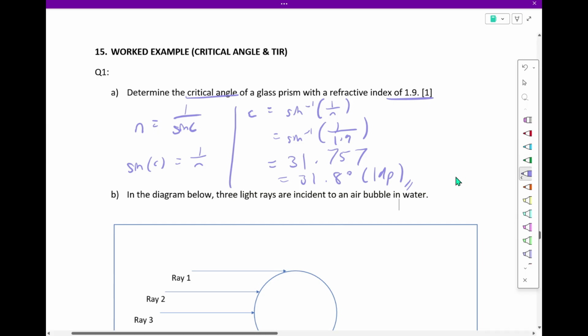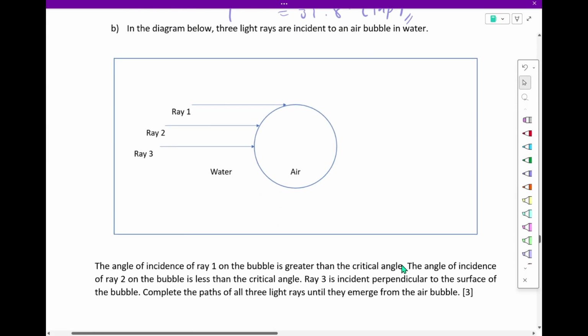Okay, the next one over here, you have your light rays. This is water and this is air. Do take note, for the first one, I is greater than c, for the second one, I is less than c, and for this one, I is 0. So how will your light rays travel? First things first, you always want to identify the normal.